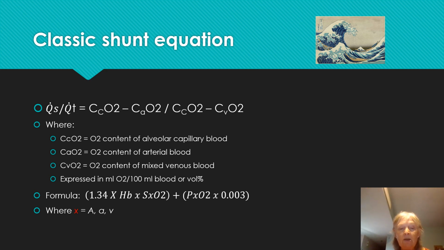Your formula is 1.34 times hemoglobin times SvO2 plus PvO2 times 0.003. Remember that venous sample comes from the pulmonary artery, either with the pulmonary artery catheter or the Swan-Ganz, whatever they're talking about at that particular point. Remember, too, your patient has to be on 100% oxygen.